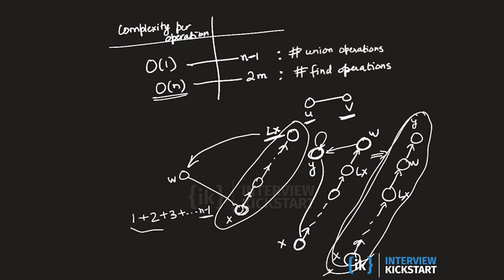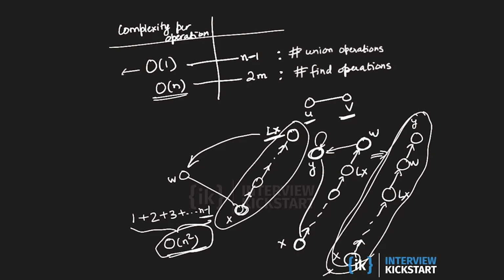And so the total cumulative cost of doing find x repeatedly, n-1 times, would be quadratic, would be order n square, right? And so in the worst case, we are again going to end up with quadratic time complexity.